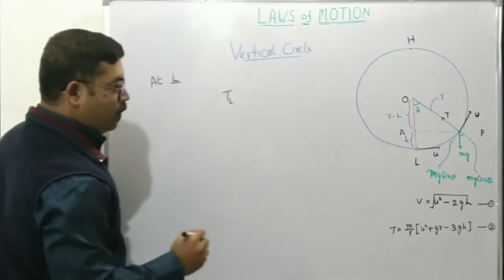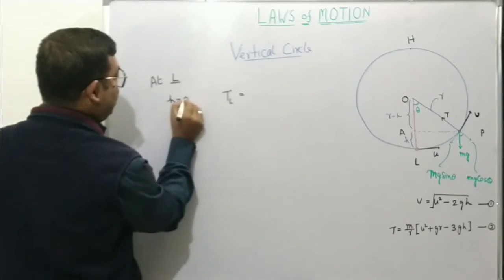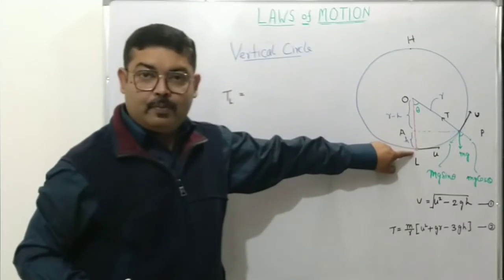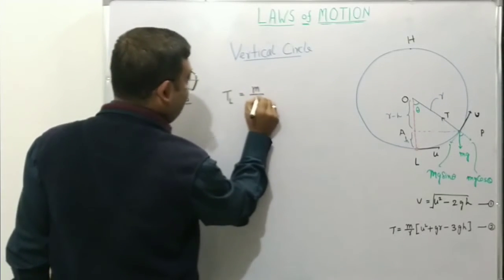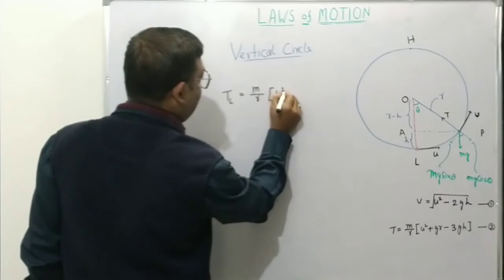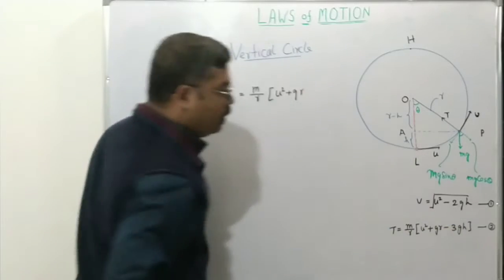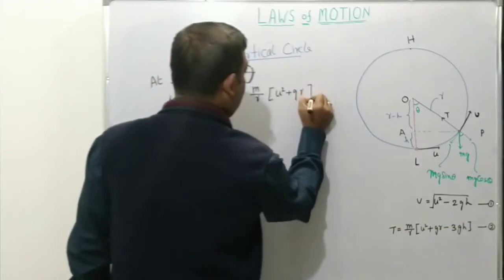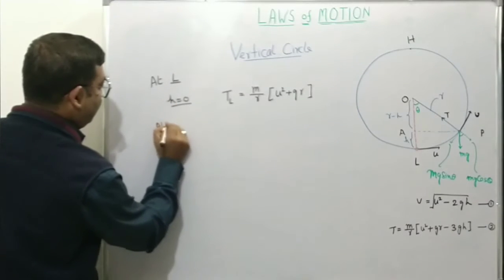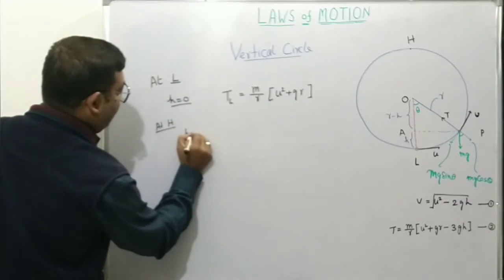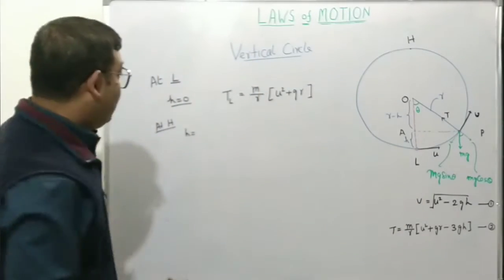Okay, so for TL, h becomes equal to 0 because it starts at the lowermost point. So we have m by r into u square plus gr minus 3g into 0, that is definitely 0. So TL will be this only. Now at the highest point, here height will be the diameter of the circle, so that will be equal to 2r.